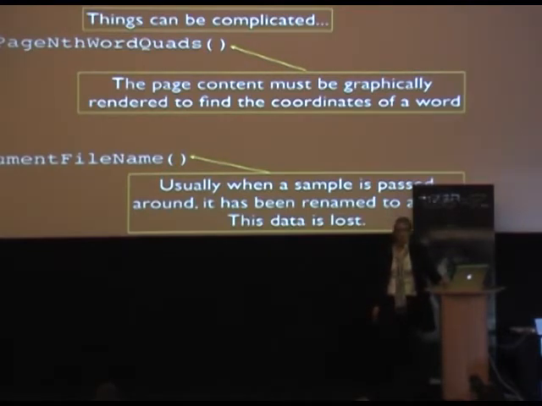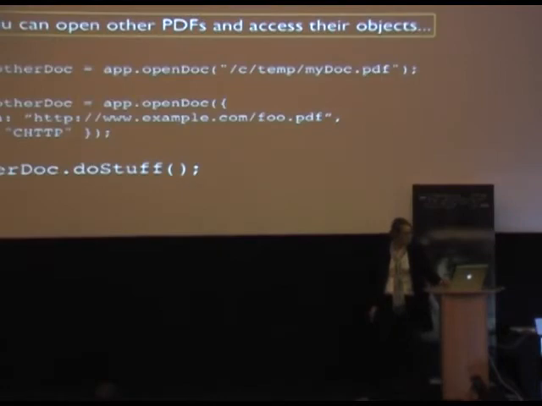But it's a piece of information that's sort of external to the document that sometimes gets lost. But yeah, from a PDF, you can also open another PDF file and then call objects within that PDF file. So you can spread your document out across multiple files, or your exploit, say.